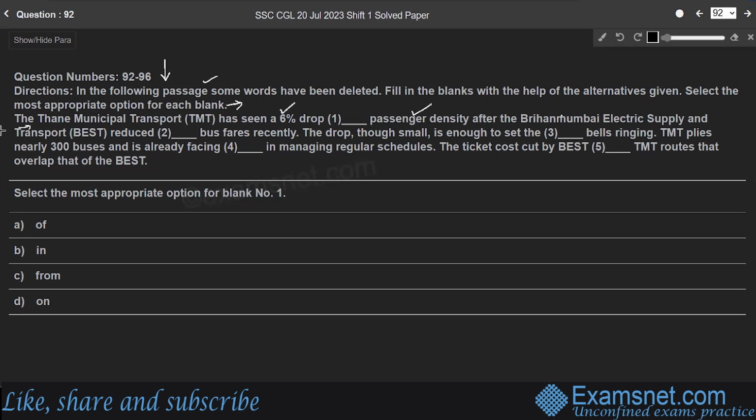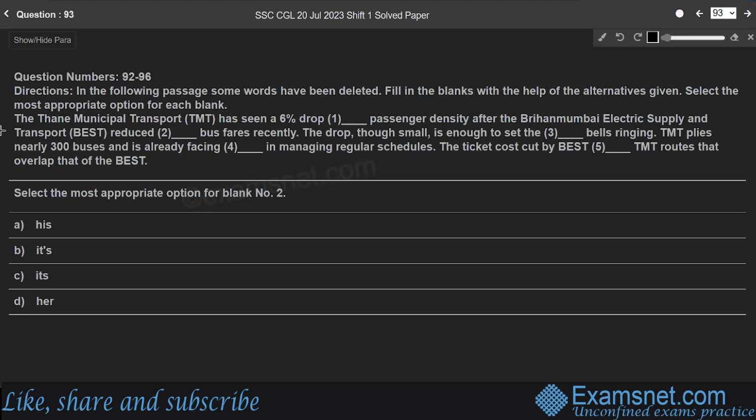Therefore, a 6% drop in is the proper preposition here. So option B is the right answer because passenger density has been decreased here. Therefore, it should be drop in passenger density after the Brihan-Mumbai electric supply and transport, BEST, reduced.